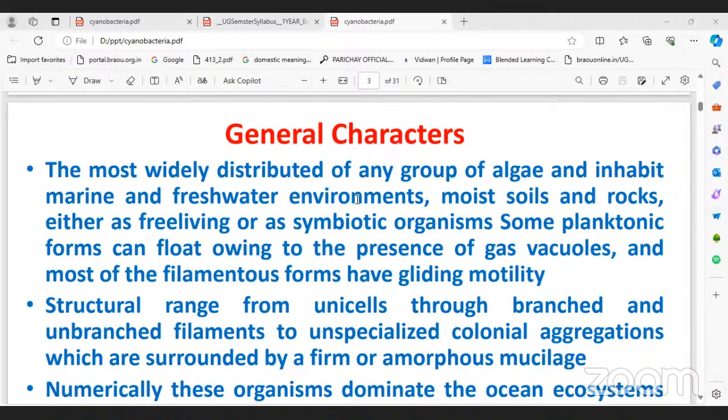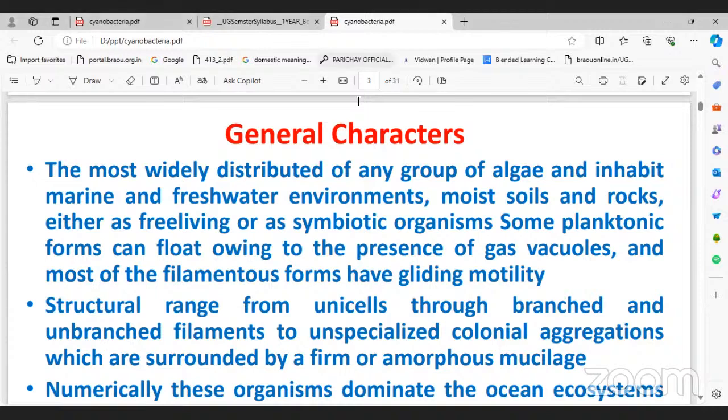So in general characters, don't forget the first heading is habitat. Algae are the most widely distributed organisms in any habitat, marine and freshwater environment. Of course, in aquatic, marine water and freshwater environment, and also terrestrial, meaning moist soil and rocks on land, and free living, and here symbiotic is also given.